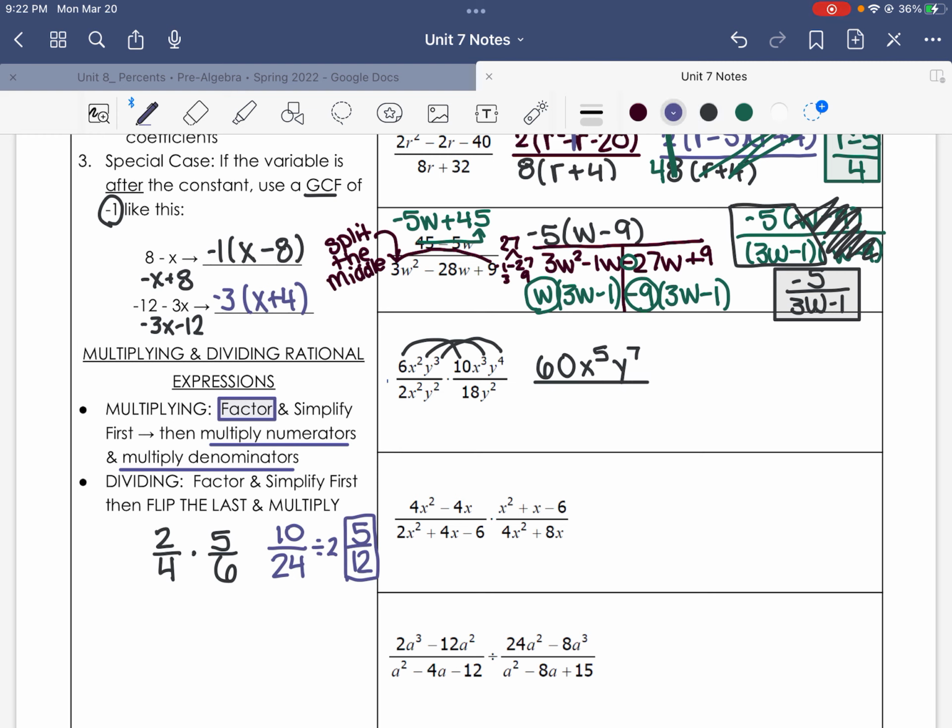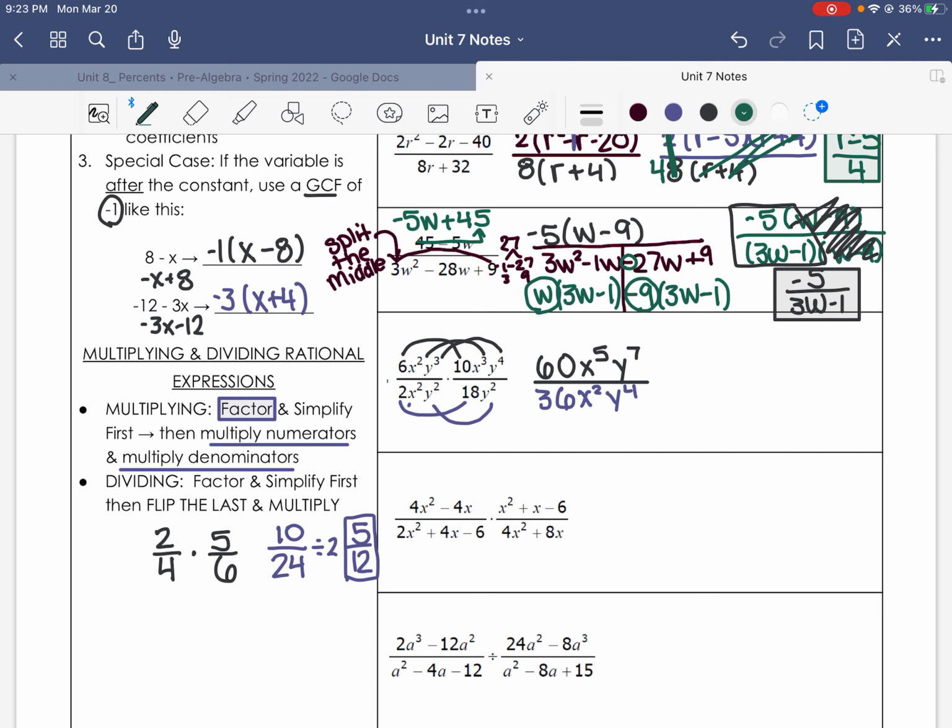Bottom. 2 times 18 is 36. X squared is the only x down there, so it's just still x squared. Y squared and y squared makes y to the fourth.